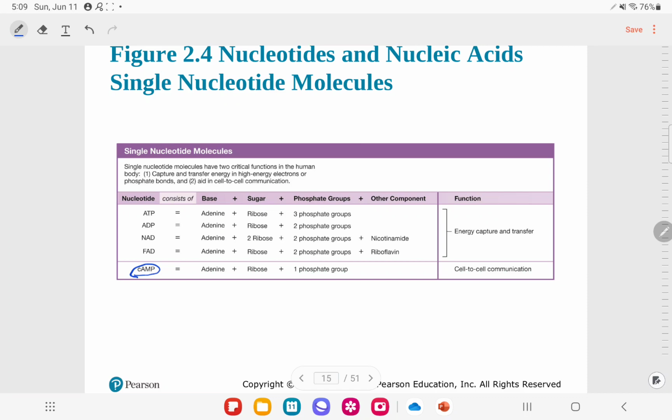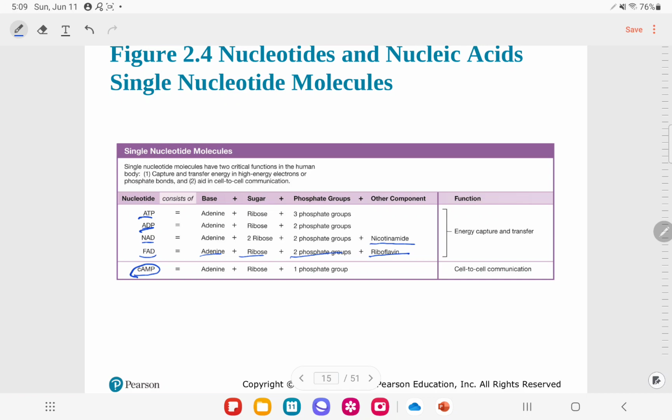And then we have these energy capture and transfer molecules. This is how we are able to capture and transfer energy within the cell. And that's going to be in the form of FAD and NAD. And again, it's just adenine, ribose, phosphate groups, and we had riboflavin, or for the NAD, we're going to add nicotinamide.